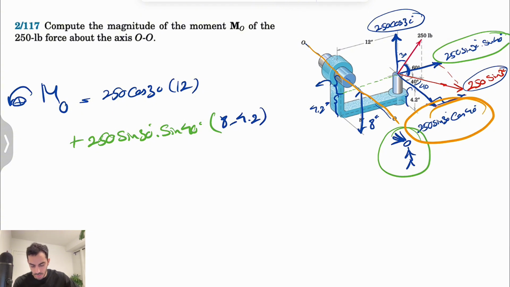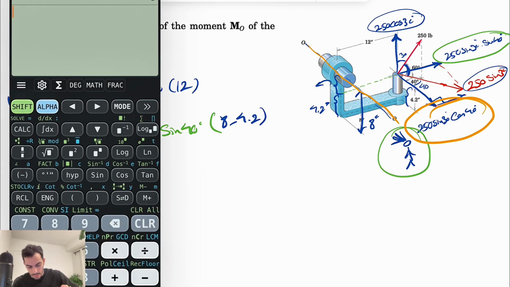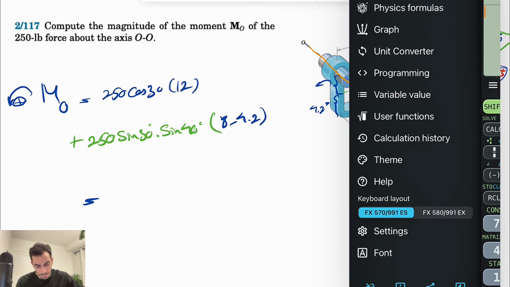So all we need to do in here is just calculate this value, and it's going to give us the moment.